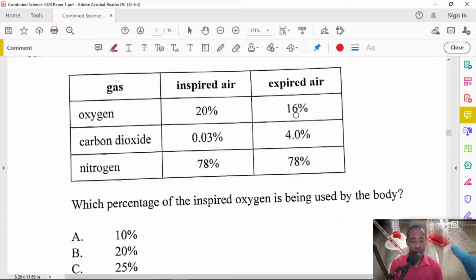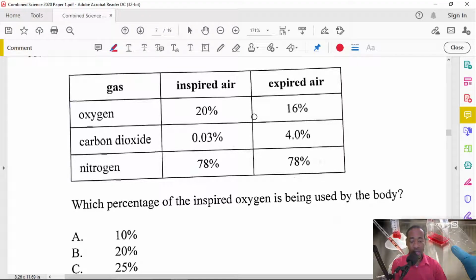Expired air is 16%, which is going out. So the difference between these two will be 4%. So the 4% is being used, but it didn't ask how much it decreased by. It said which percentage of the inspired air, that means of that inspired air, is being used by the body.